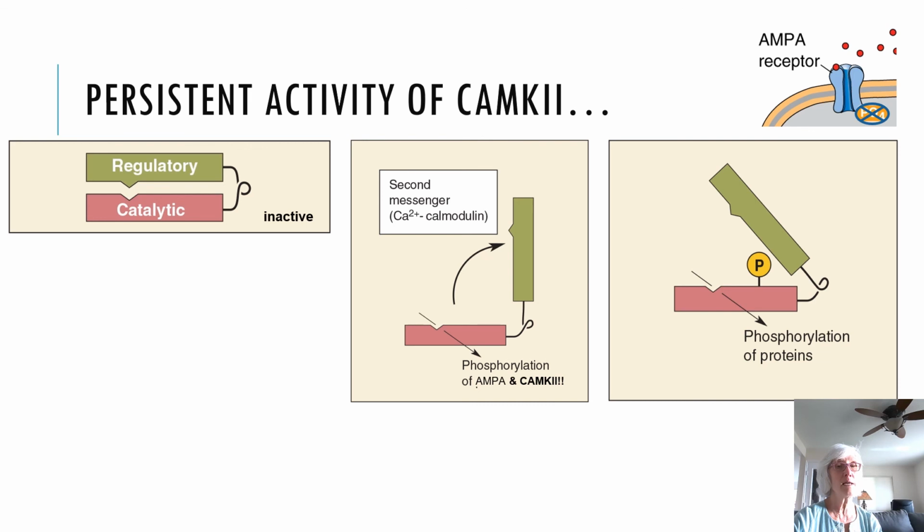So in this case, CAM kinase 2 stays persistently on. It turns itself on and it stays on so that it can go on and phosphorylate proteins like AMPA and itself to maintain this persistent activity.